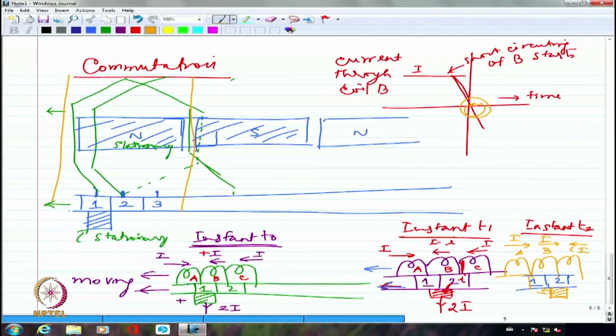So it would have become greater than I. So I minus I plus delta I. That's what it would have been. So I would have had more and more current coming up in the opposite direction.